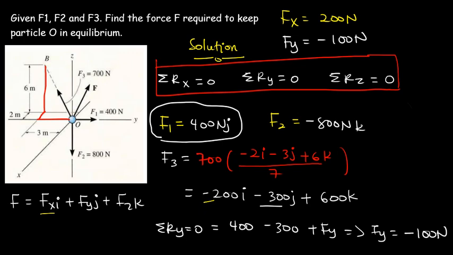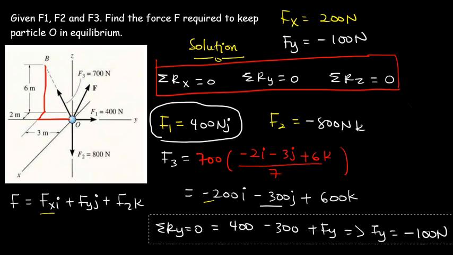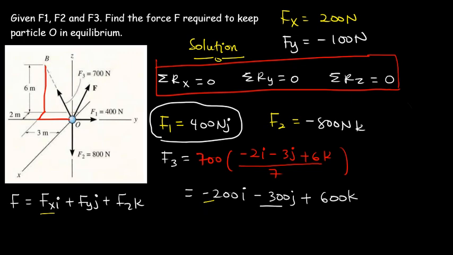Now let's solve for Fz also. Let me just free up some space. So for Fz, you're going to have the sum of all the forces in the z-axis direction equal to 0.